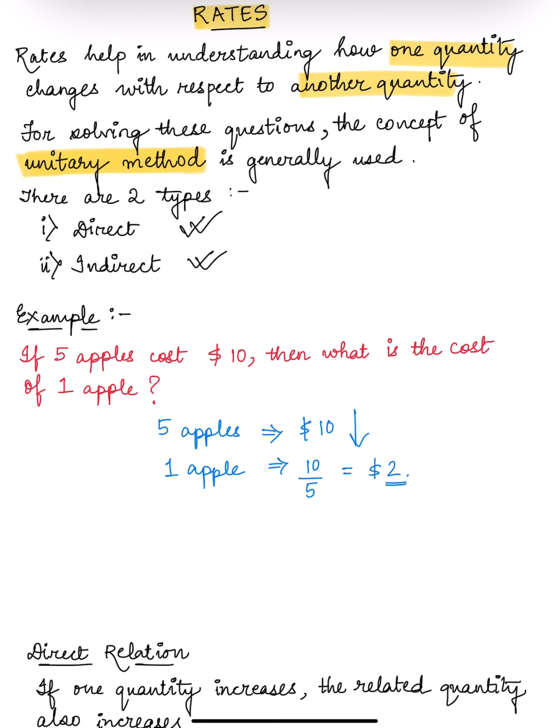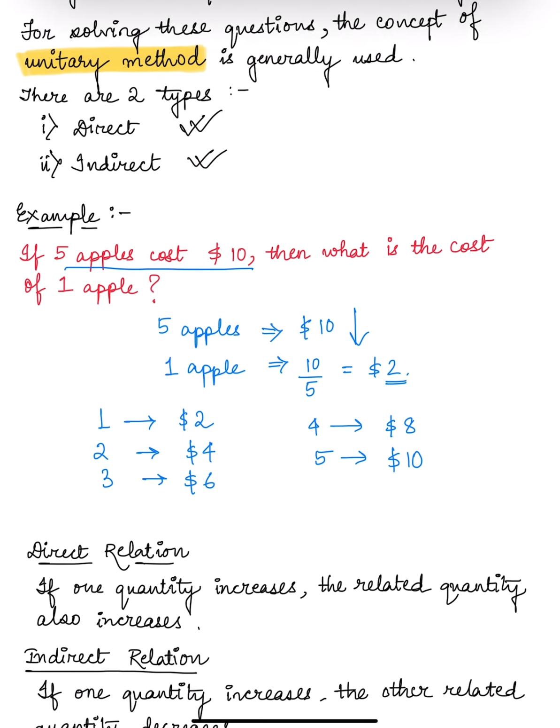We can verify that if one apple costs $2, then 2 apples will cost 4, 3 will cost 6, 4 will cost 8, and 5 will cost 10. And this is the question as well.